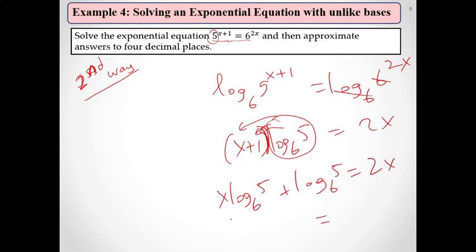I'm writing it like x will go there, and x will be a common factor, and you will end up with this. Please, if you can't see it, stop the video and try to do it yourself, and divide both sides by 2 minus log base 6 of 5.